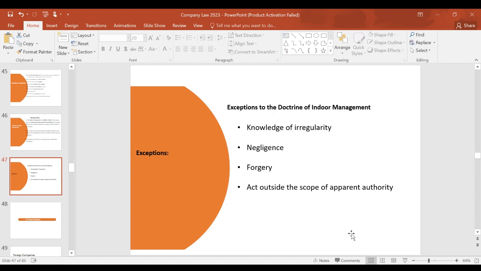If you already see and you know that there is an irregularity being carried out in the name of the company, you can flag that out. Of course, if there is also negligence or forgery, and to some extent where some of the actors are going beyond their apparent authority or the authority bestowed on them through the articles of that particular company. So that's how we can question the internal governance or internal management of a company.